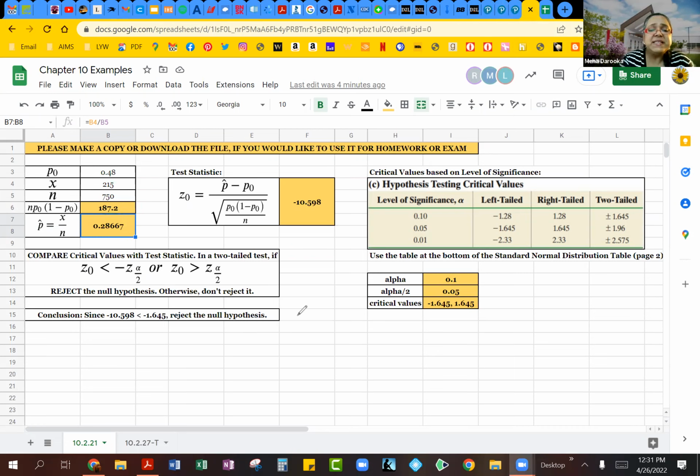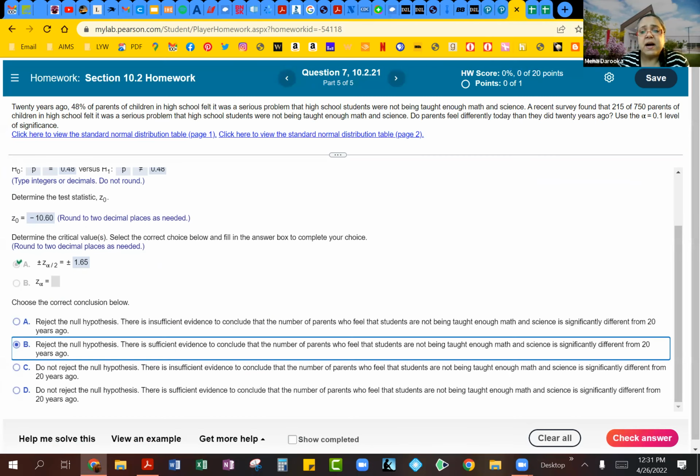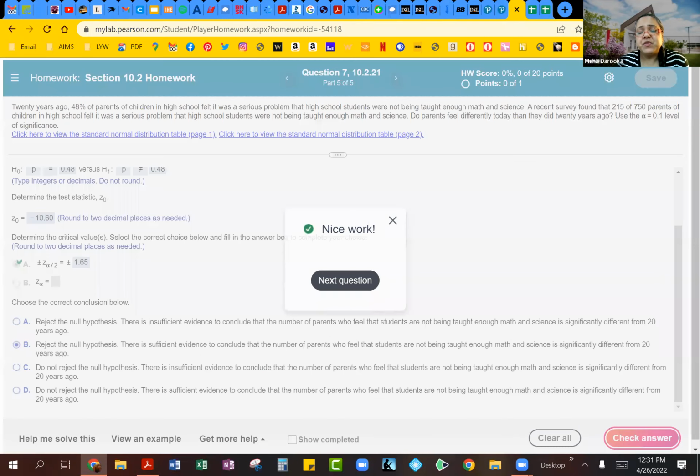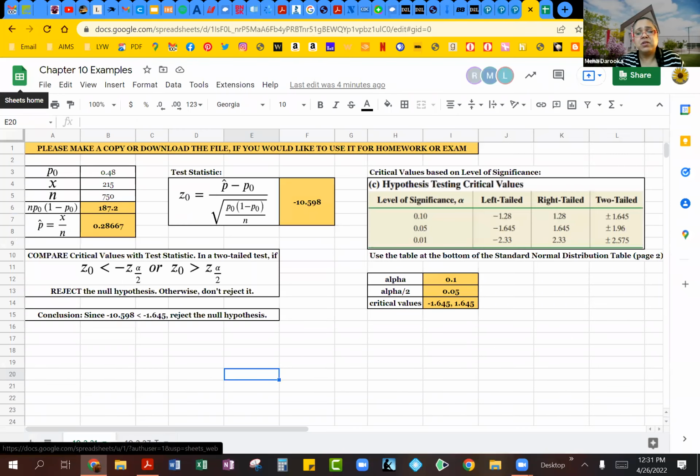So we will say that we do have sufficient evidence that parents feel differently then and now. So that is going to be your option. And then, of course, based on what our critical value came out to be with the test statistic, you are able to compare if you need to reject or not reject your null hypothesis.